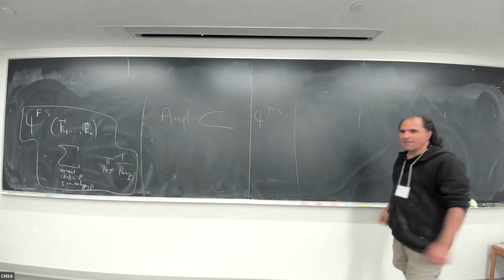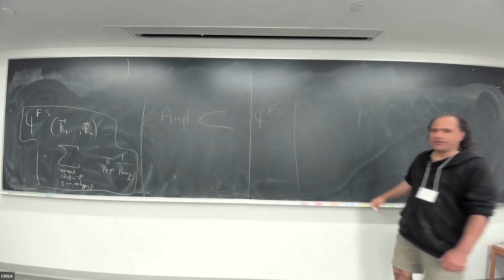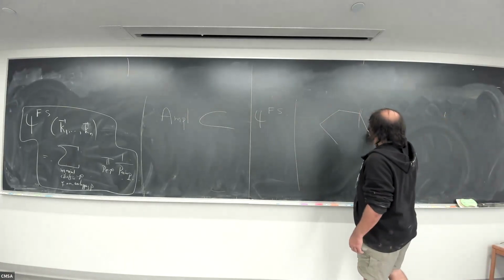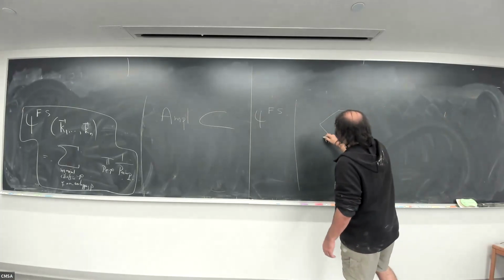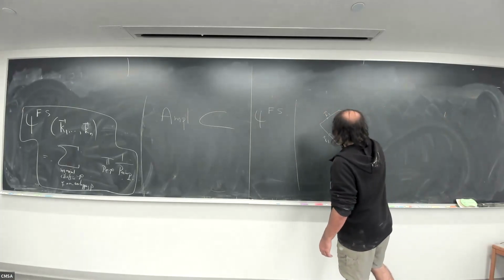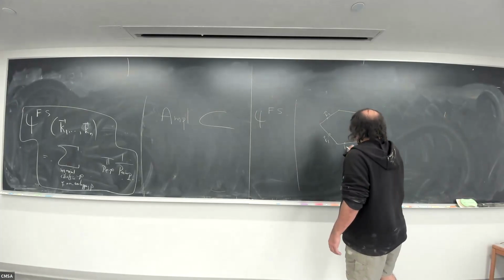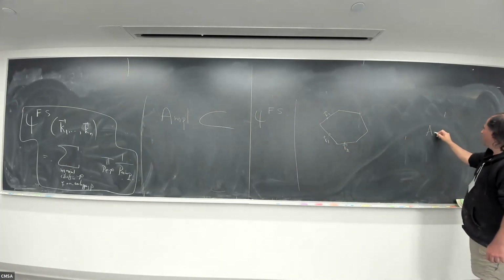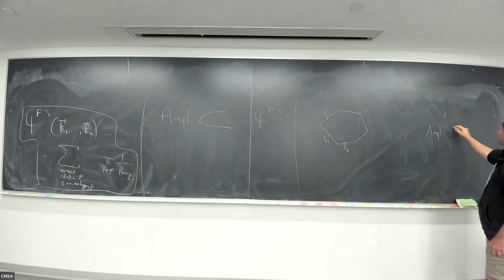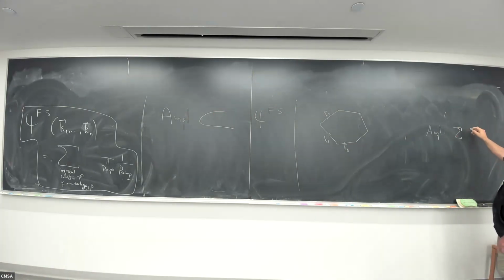So let's go back and remember how similar the kinematics were to each other, right? In both cases, we start with this picture of the momentum n-gon, spatial momentum n-gon. But for the amplitude, we also have the condition that the sum of the energies, which is the sum over the k's with maybe a plus or minus, is equal to 0.